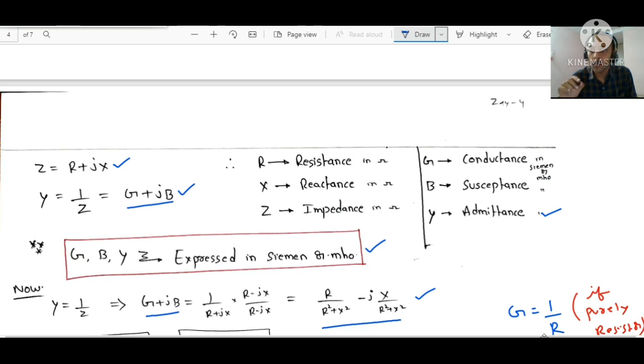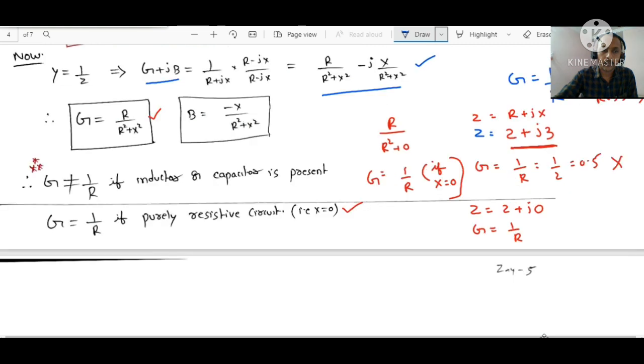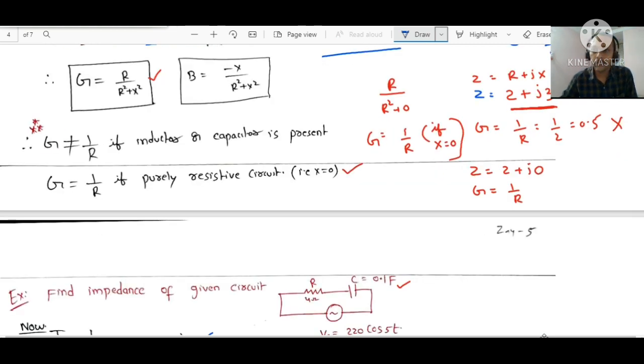R, X, Z are expressed in ohm. G, B, Y are expressed in Siemens, or mho. G equals 1 by R only if it is purely resistive; otherwise G equals R divided by R square plus X square. If X square equals 0, R divided by R square plus 0, then G equals 1 by R. Clear?